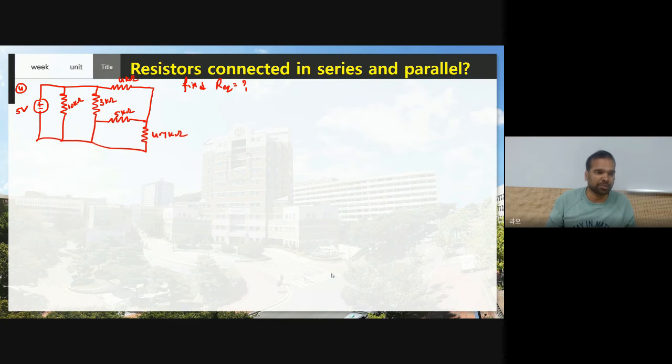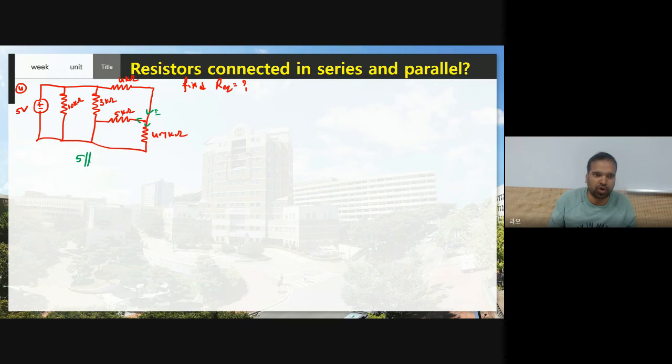Now another problem, the last problem in this concept. See here, I'm not going to explain much because you already know how to identify whether resistors are connected parallel or series. Now if you assume the current direction, you can understand that if the current is coming here, some current is going here and some current is going to the 4.7 kilo ohm. This is 4.7 kilo ohm and this is 5 kilo ohm.